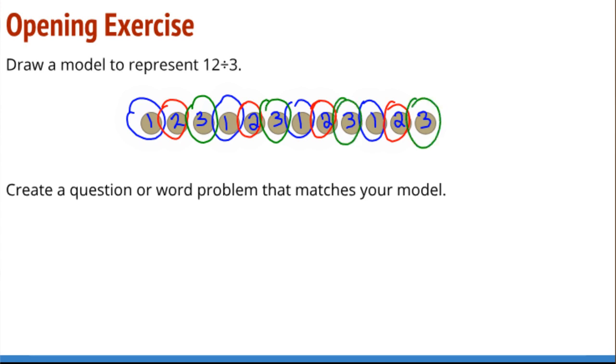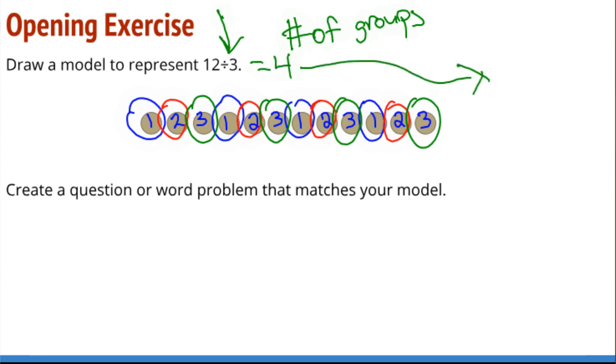I can see that each person would receive 4 cards. So the 3 is telling me the number of groups, and the 4, the quotient, is answering the question, how many in each group?